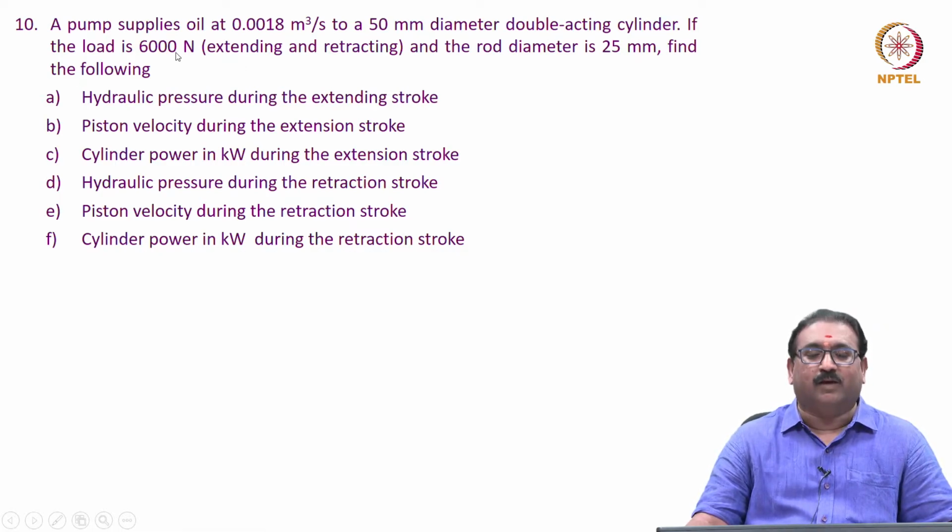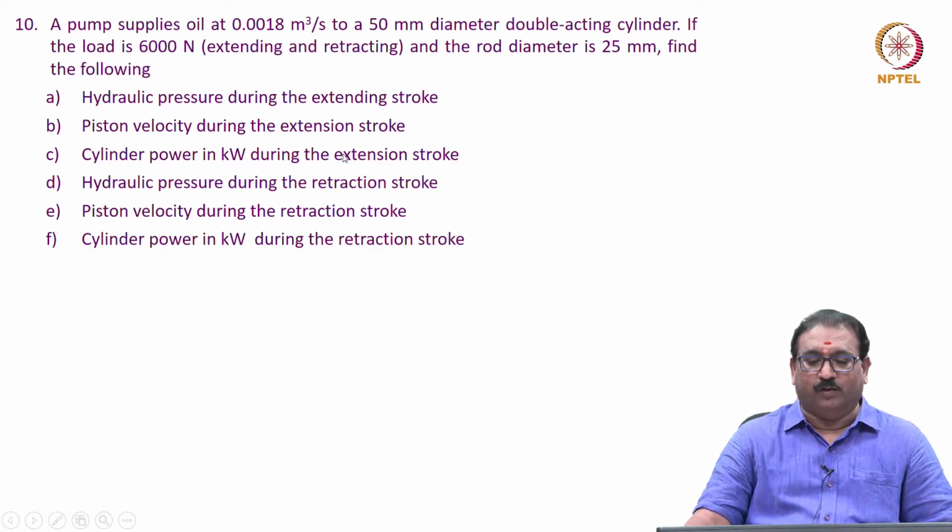If the load is 6000 Newton, extending and retracting, same load, and the rod diameter is 25 mm, find the following: hydraulic pressure during the extension stroke, piston velocity during the extension stroke, cylinder power in kilowatt during the extension stroke, hydraulic pressure during the retraction stroke, piston velocity during the retraction stroke, cylinder power in kilowatt during the retraction stroke.